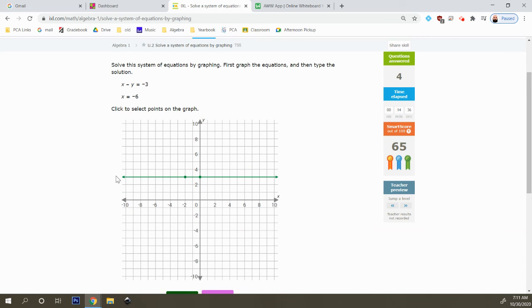So I click anywhere I want to, and there's my horizontal line. So x equals and no y, you get a vertical line at that number. y equals and no x, you get a horizontal line at that number. All right, so that's 2 special cases.